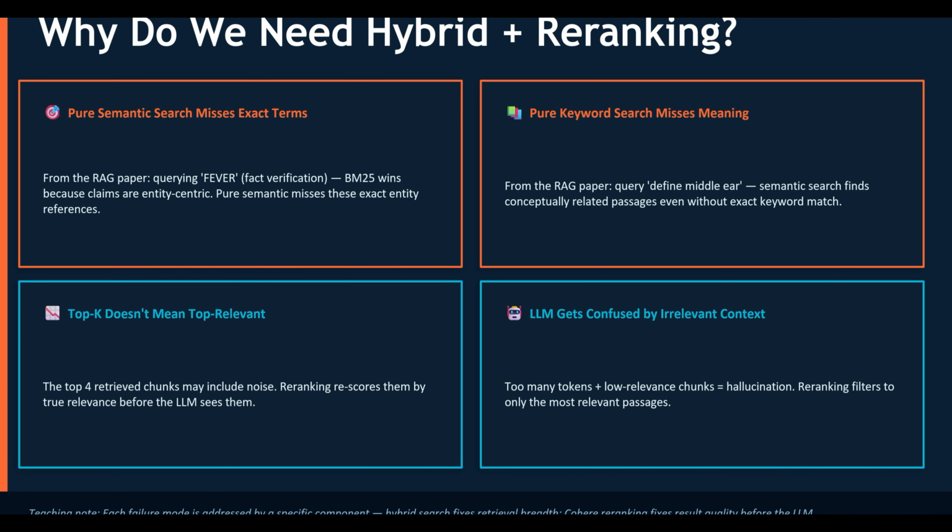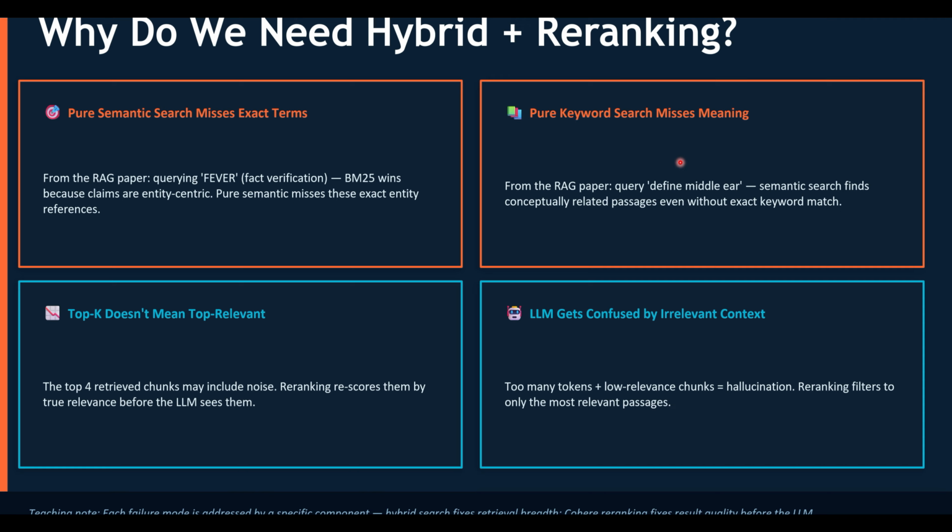Let me be direct about why a naive RAG pipeline is not good enough. If you use only semantic search, you might miss documents that contain the exact keyword a user typed. If you use only keyword search, you will miss documents that are conceptually related but use different words.